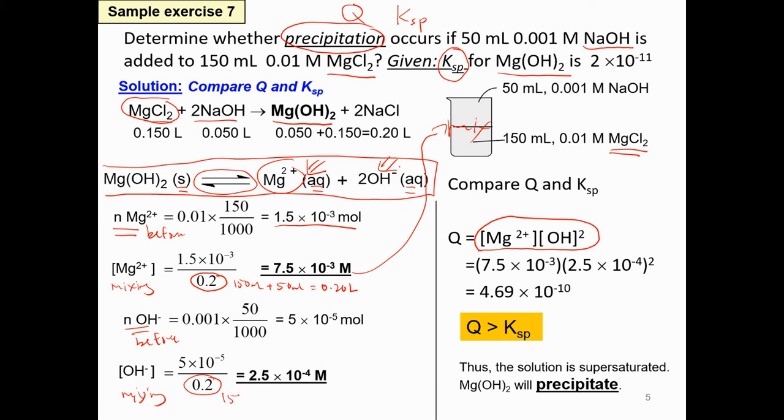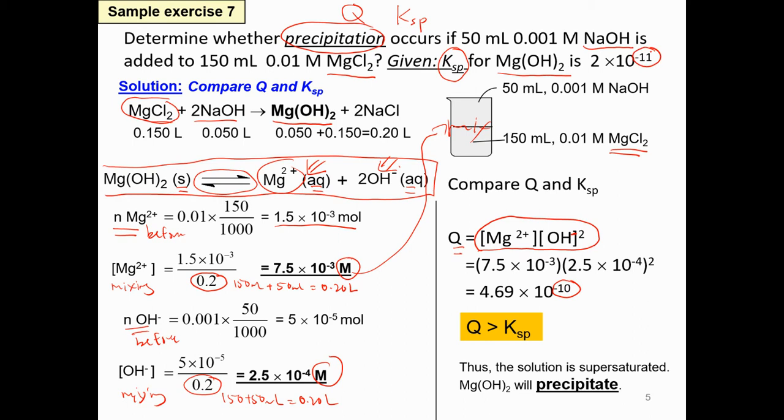So this one is also 150 plus 50 mL, so we get 0.2 liter. After we get the two concentrations, magnesium and hydroxide ion, we substitute into the expression of Q. Then we get our answer, 10 to the power of -10.